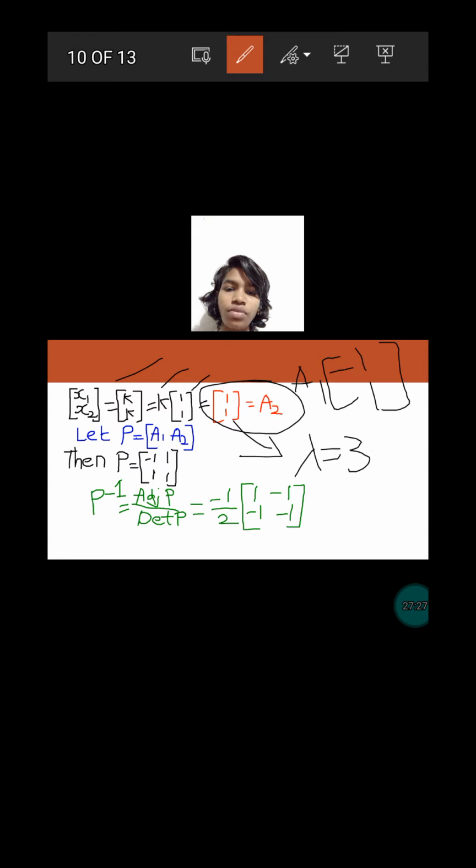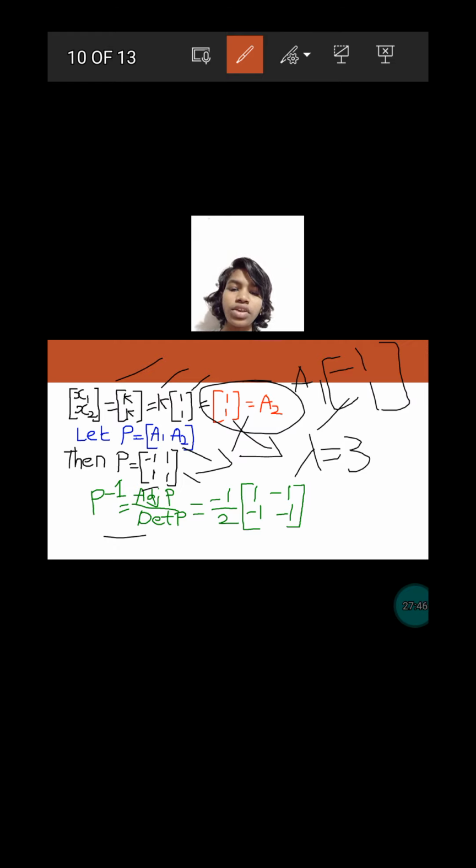We know that we form the model matrix using the eigenvectors a1 and a2. Here a1 is -1, 1, and a2 is 1, 1. Next we find P inverse.